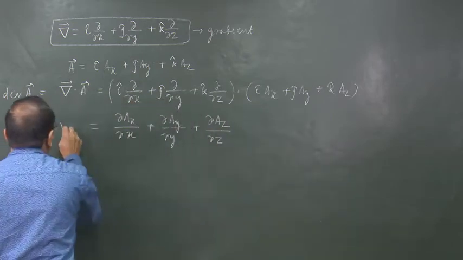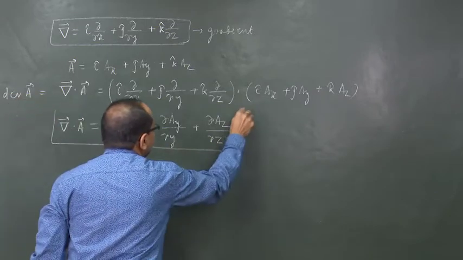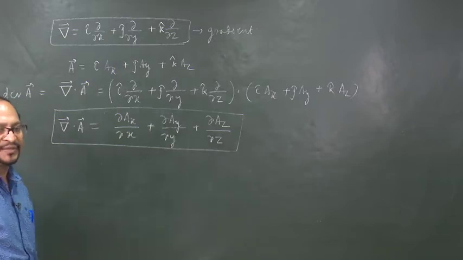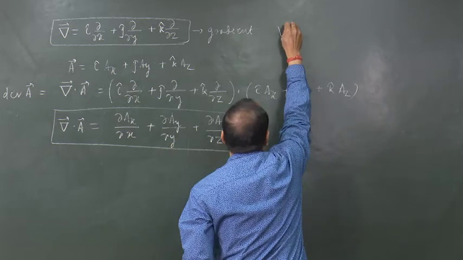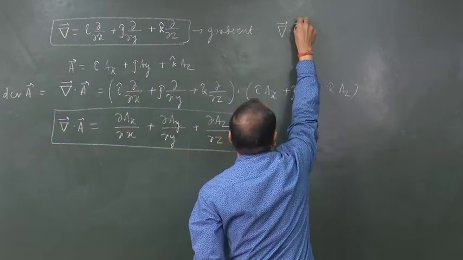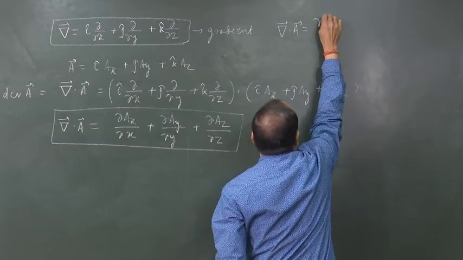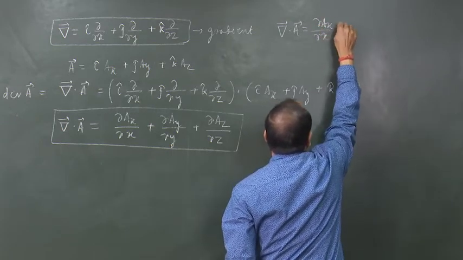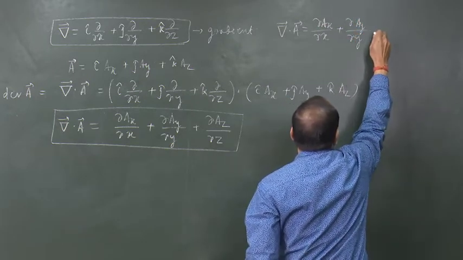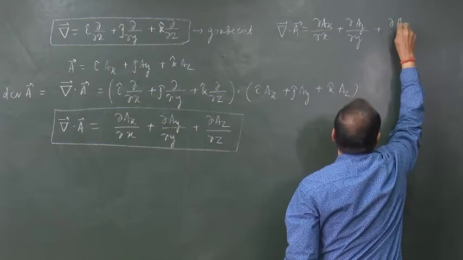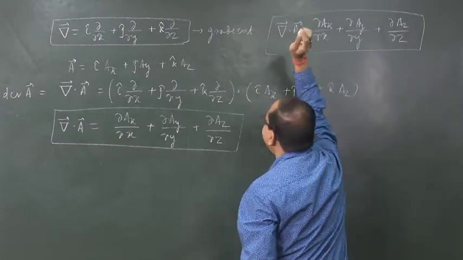So, this is the divergence in the Cartesian coordinate system. Our grad is this much, and now we got divergence of A as del Ax by del x plus del Ay by del y plus del Az by del z.